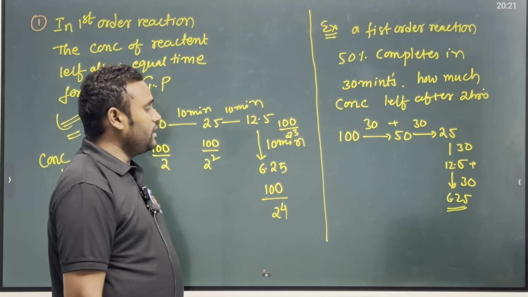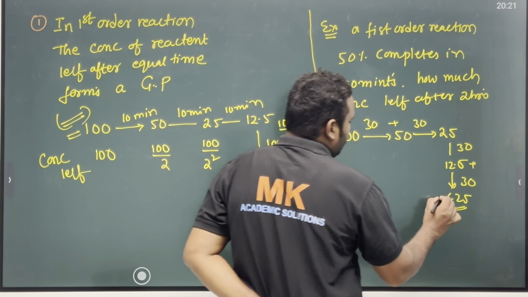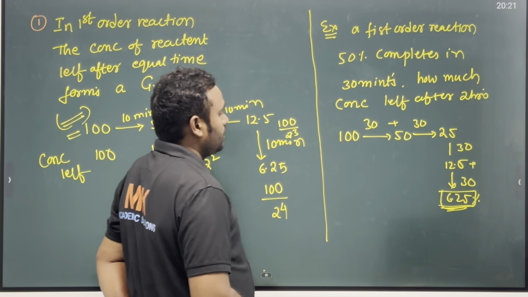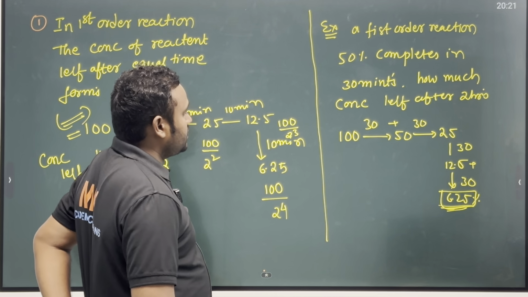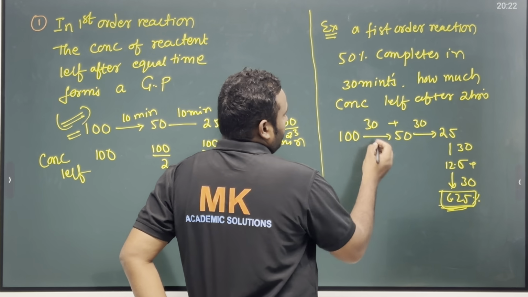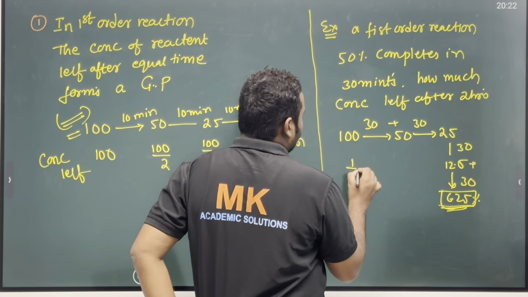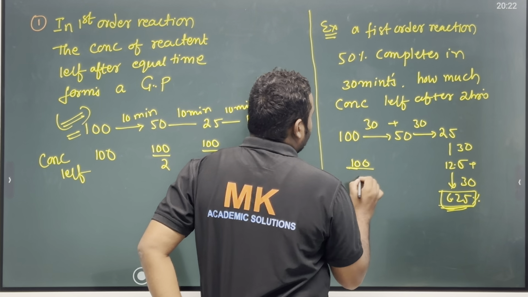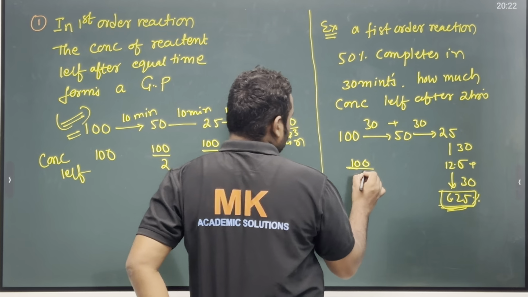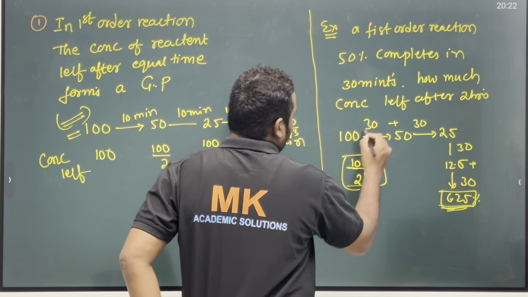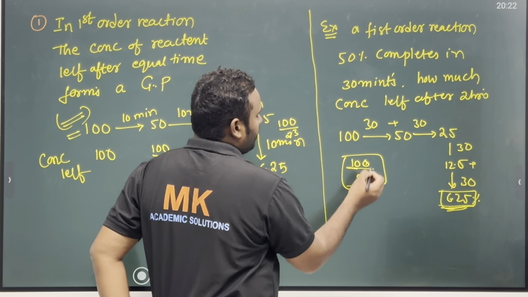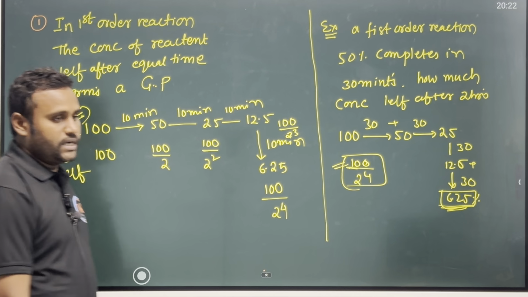What is the concentration left here? 6.25%. Okay. How much concentration is left after 2 hours means simply 6.25, or else here we can take 100 by 2 to the power of 4 simply. Okay, 4 intervals are there, isn't it? 4 intervals are there means 100 by 2 to the power of 4. It is in the first order reaction.